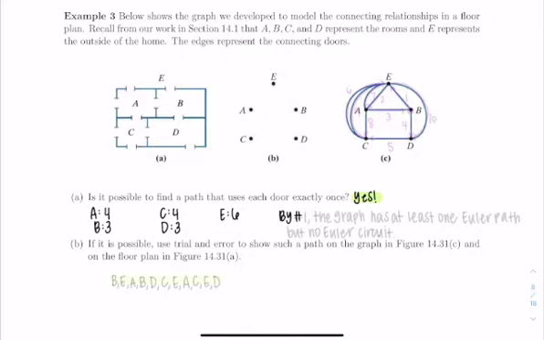By number 1 in Euler's theorem, the graph has at least one Euler path, but no Euler circuit.